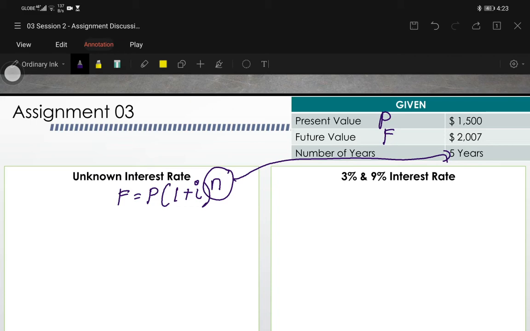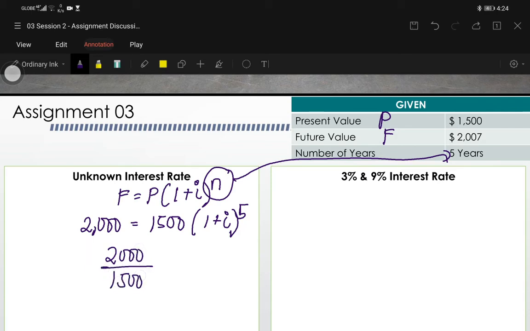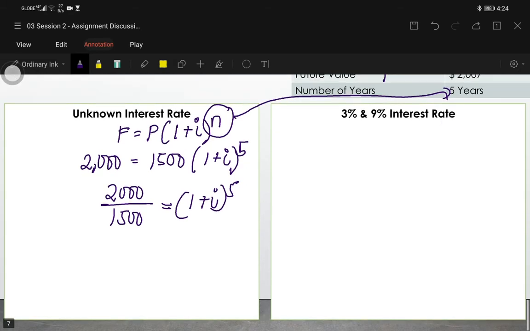Substituting the values, 2,007 equals 1,500 times 1 plus I to the power of 5. Dividing, that would be 2,007 divided by 1,500 equals 1 plus I to the power of 5. Okay?